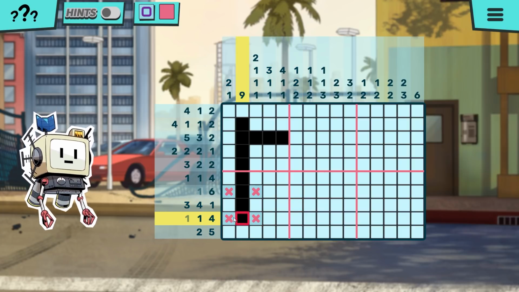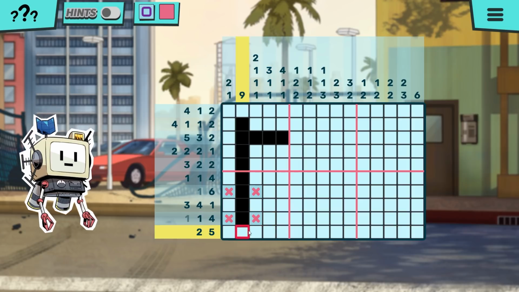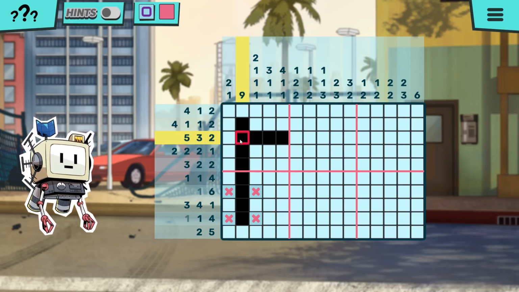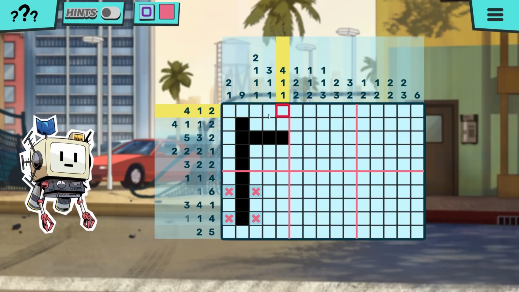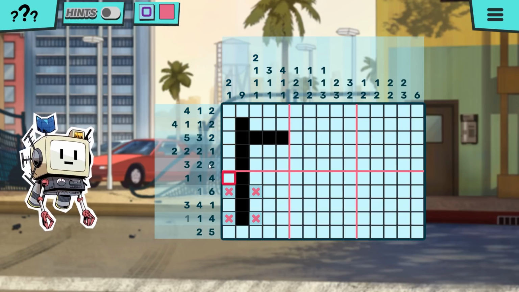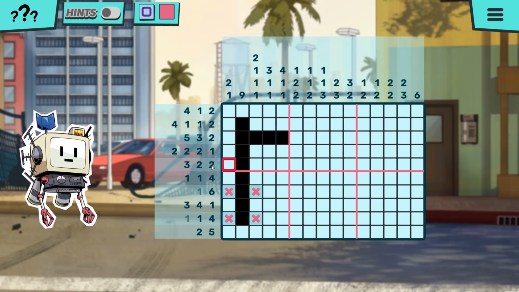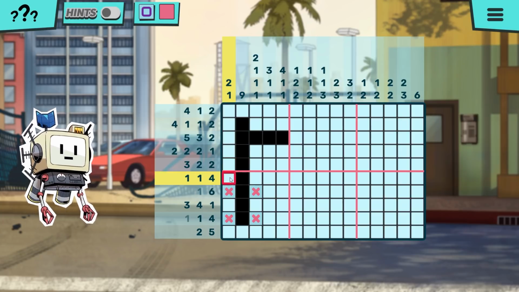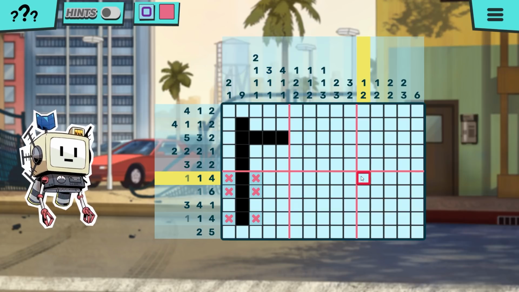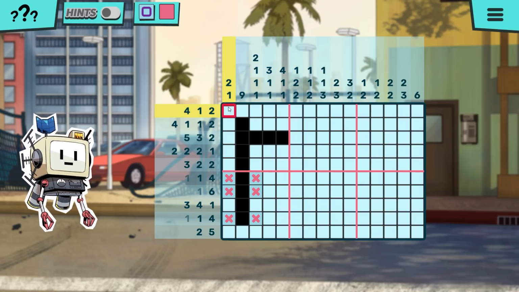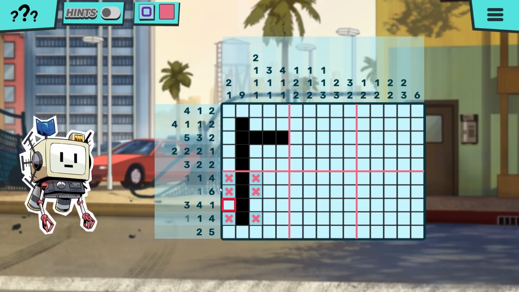So that has to be the first one. Anything else in this row? No, a lot of them are 4s. 4s, 5, 2, 3. Yeah. Oh wait, no, this one starts with a 1. So that works. That's really getting it down.